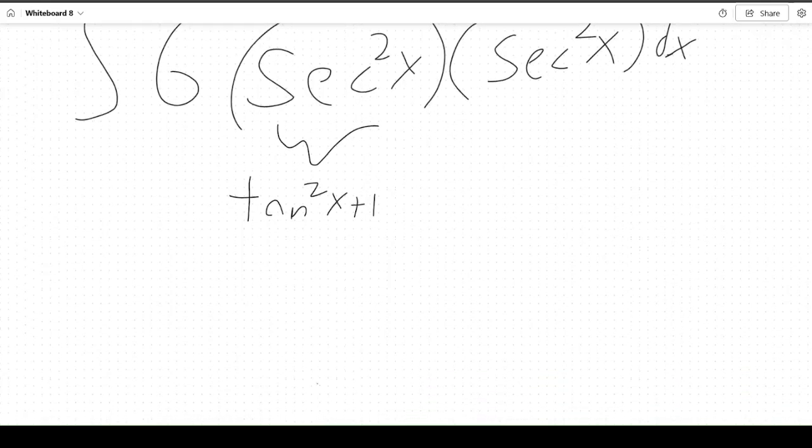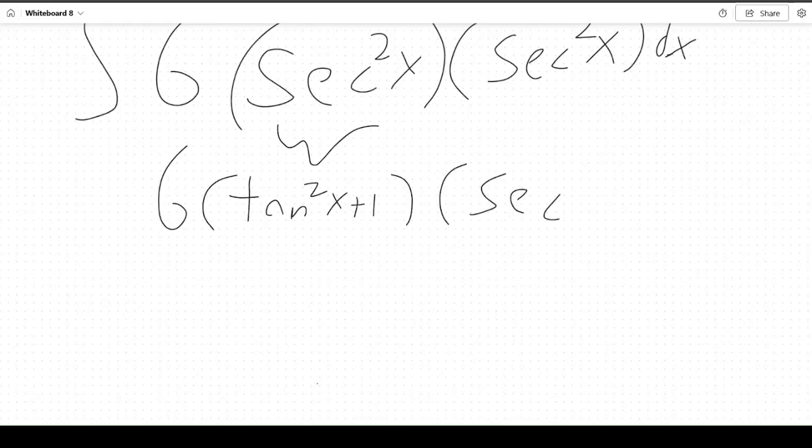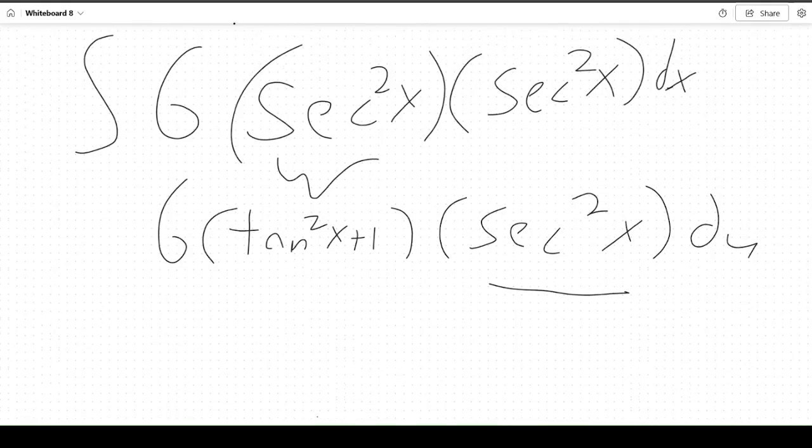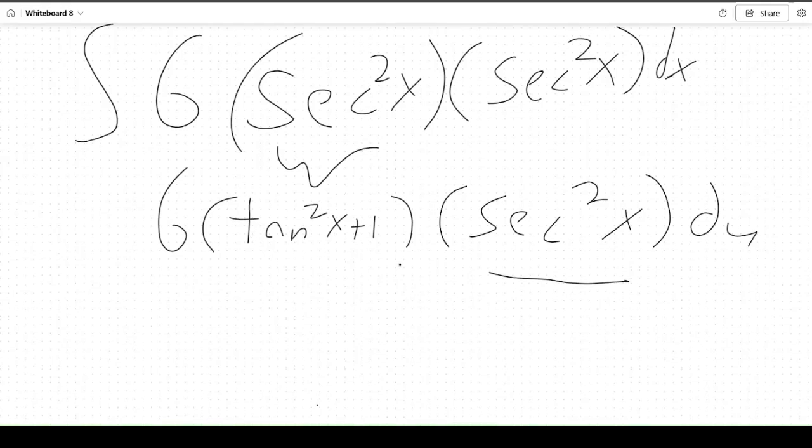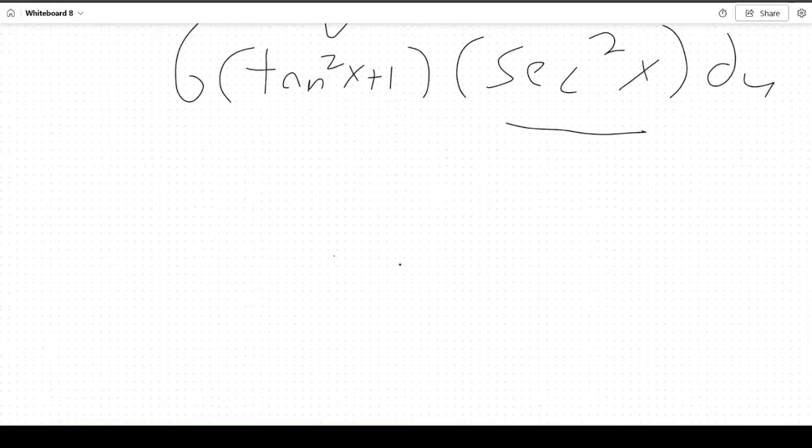So we can plug that in. Also, we have to leave this alone. We don't have to do anything right now. Just know that if you have two values of the same, just leave one behind because it'll be much simpler if you do that.